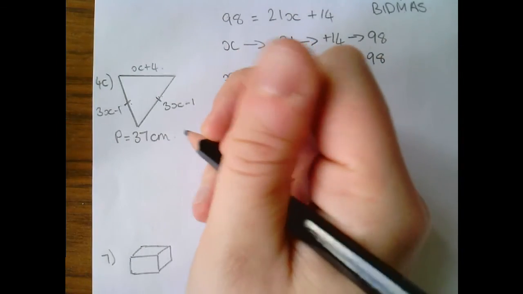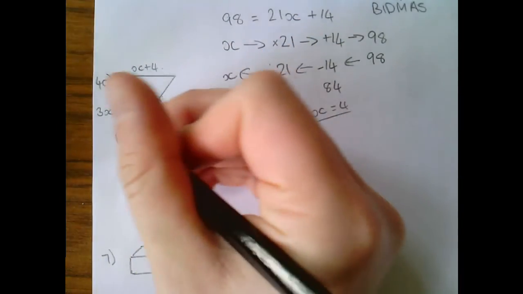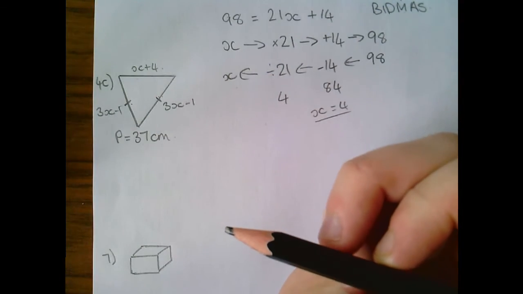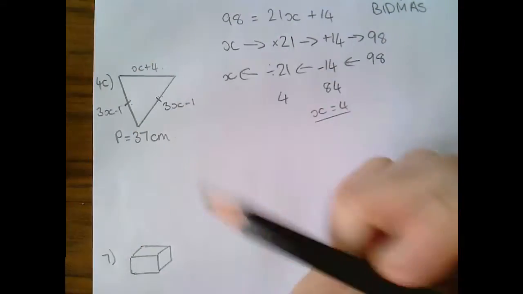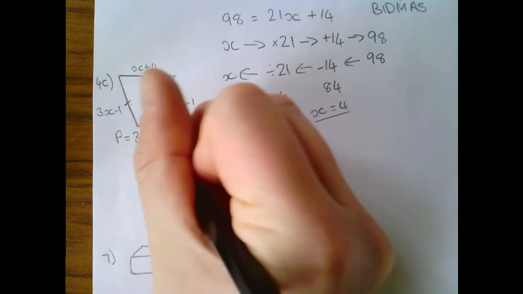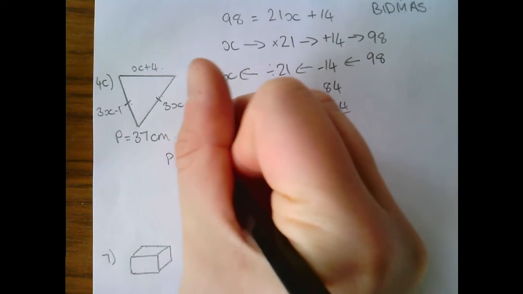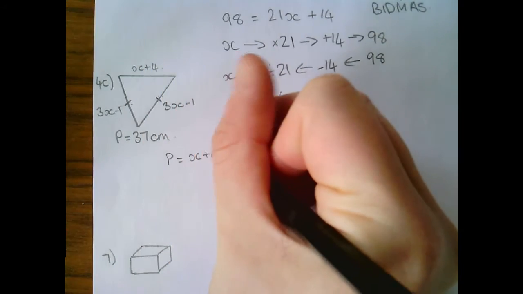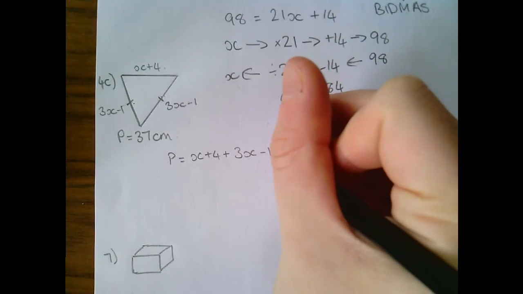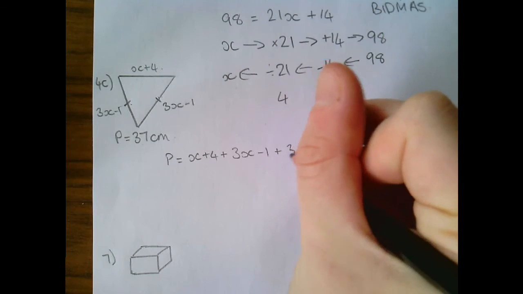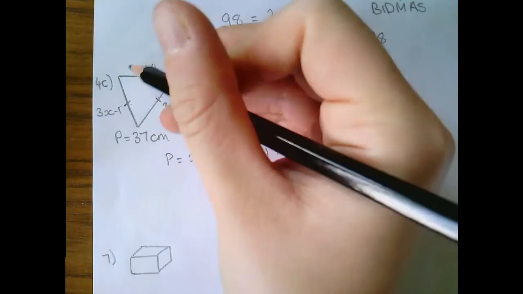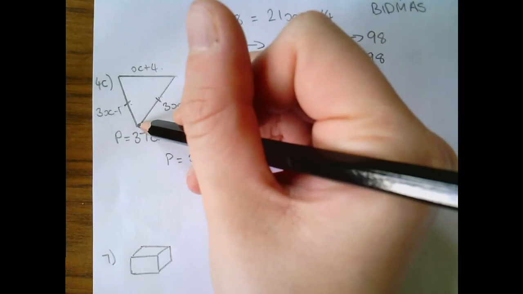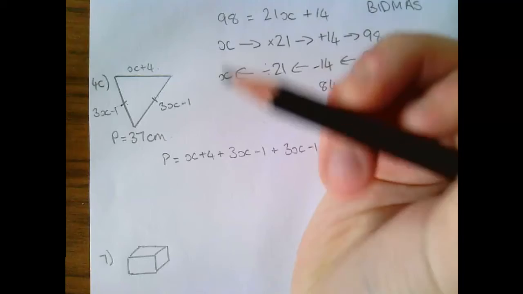We know the perimeter is 37 centimetres, the distance all the way around our shape. So the perimeter is x plus 4 plus 3x subtract 1 plus 3x subtract 1. We started at that corner, travelled along there, along here, and back to our start point again.